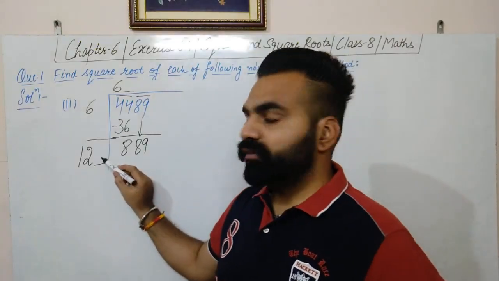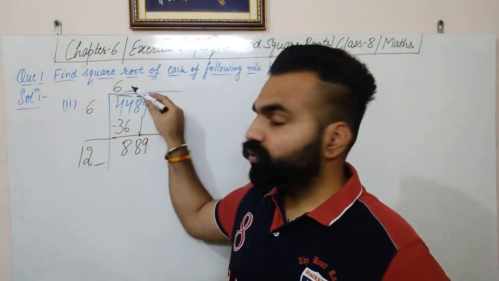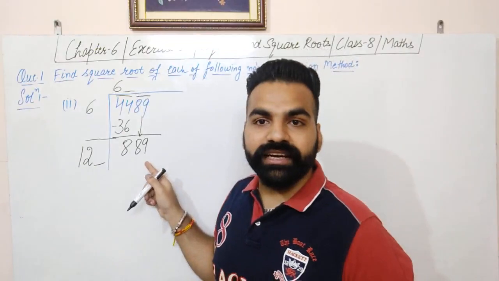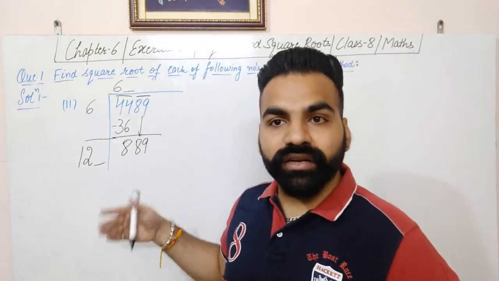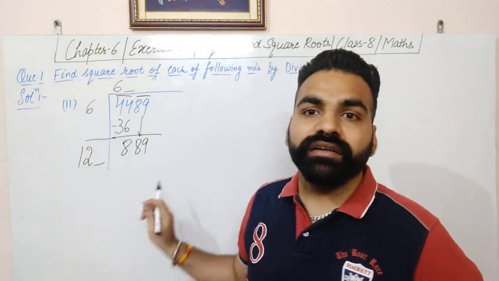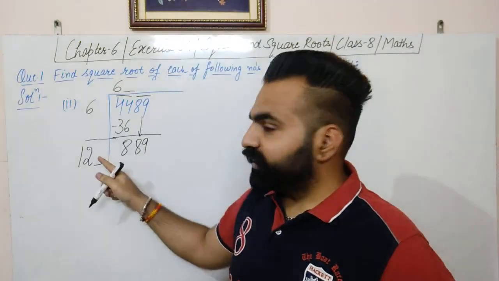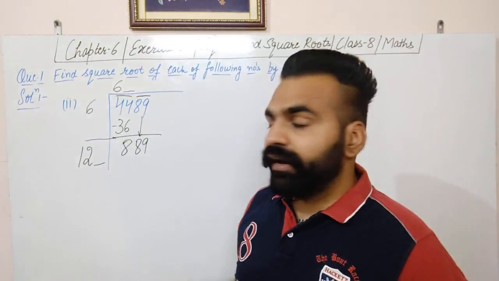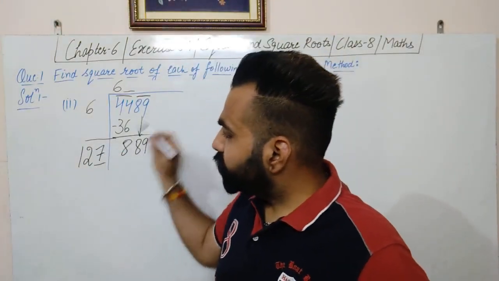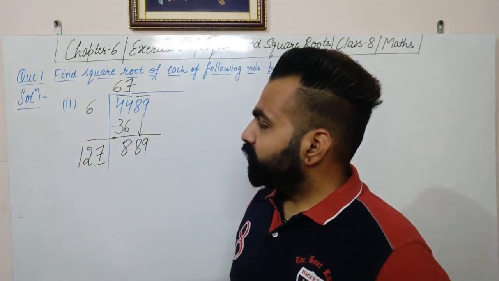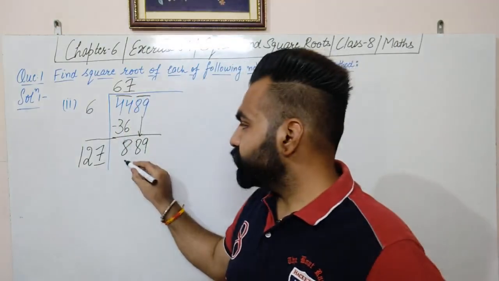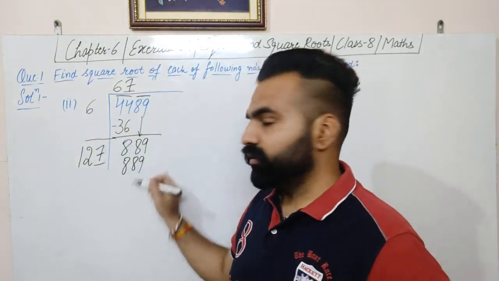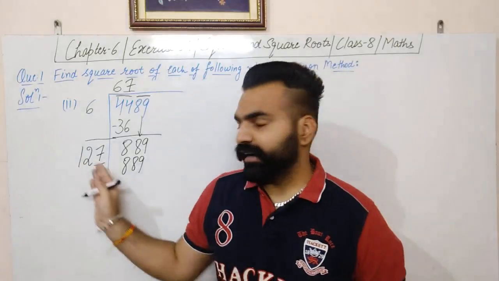So let us check. Can we take 1 here? 121 into 1 is 121, which is less than 889. So we will check another digit to see whether it is less than 889 or not. In this way we will put digits 2, 3, 4, 5, 6, 7, and for 7 here, 127 into 7 is 889. So this is by the hit and trial method.